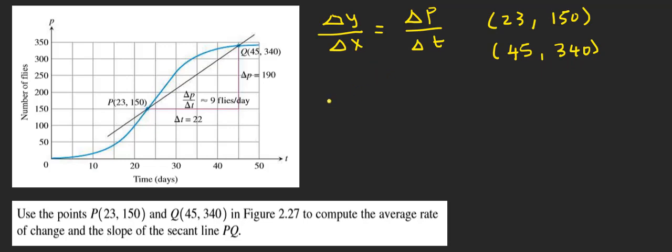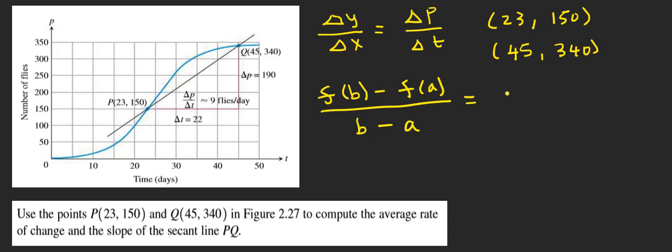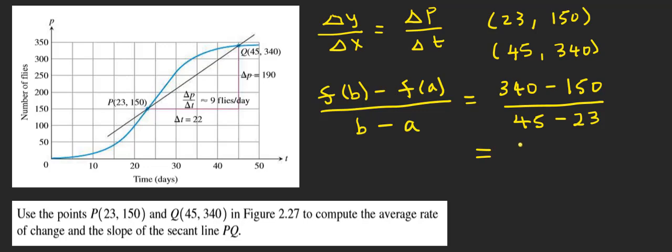Well, that's going to be f of b minus f of a over b minus a, which is 340 minus 150 divided by 45 minus 23. So that's going to be 190 over 22, which is approximately 8.6.